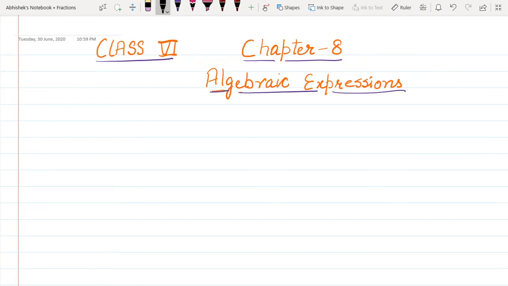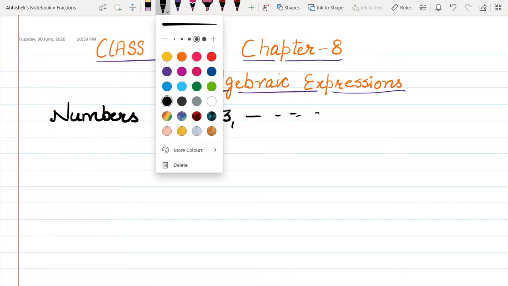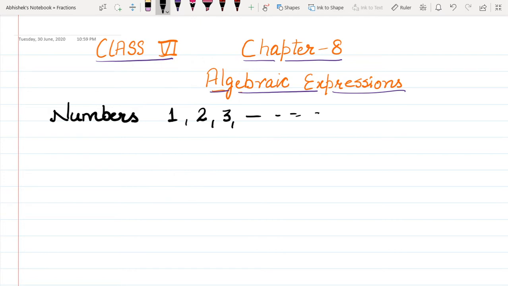Students, today we are going to start our new chapter, Algebraic Expressions. This is new in your syllabi. In our previous classes, we were dealing with numbers only, like 1, 2, 3, and so on.